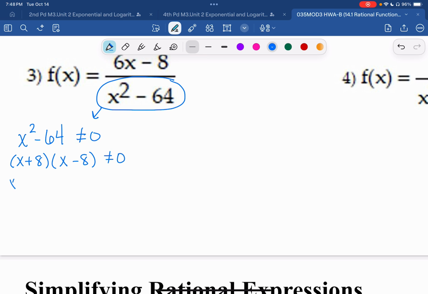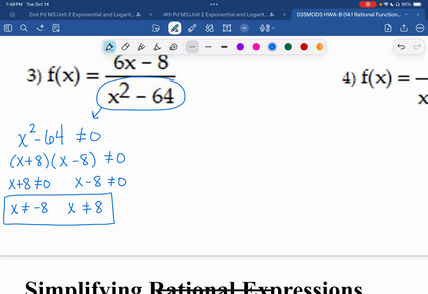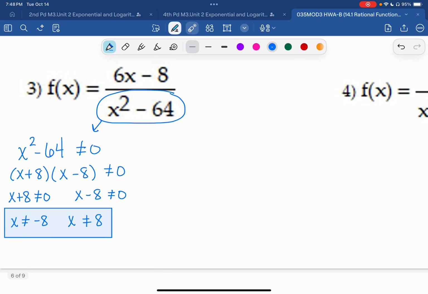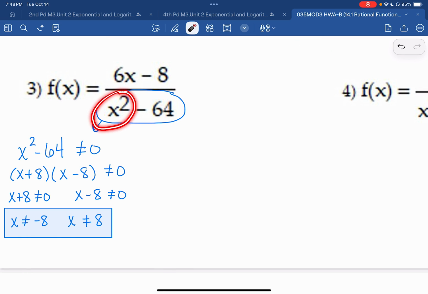So I can say that either x plus 8 not equal 0 or x minus 8 not equal to 0. Then x is not equal to negative 8 and x is not equal to positive 8. And that would be my domain. Anything is fine except for those two values, because if I plugged either one of those values into x, it's going to give me a 0 in the denominator, and that's not okay.